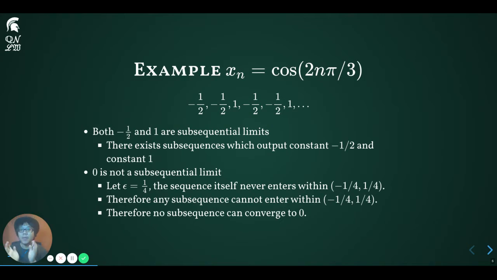And hence, no subsequence can enter into the interval from minus 1/4 to plus 1/4. And with this, we have exhibited an epsilon such that any subsequence never gets within a distance epsilon of 0. And this is precisely the statement of 0 not being a limit of any subsequence.